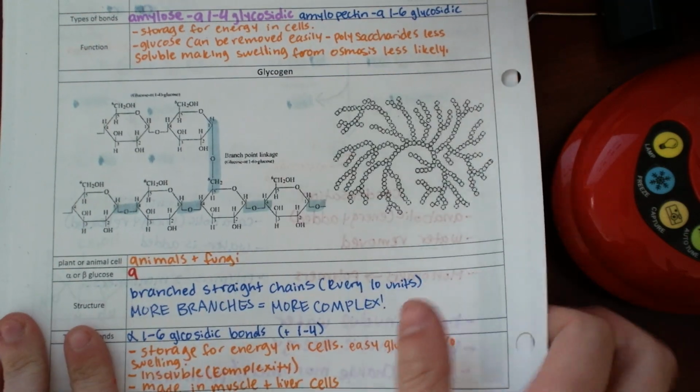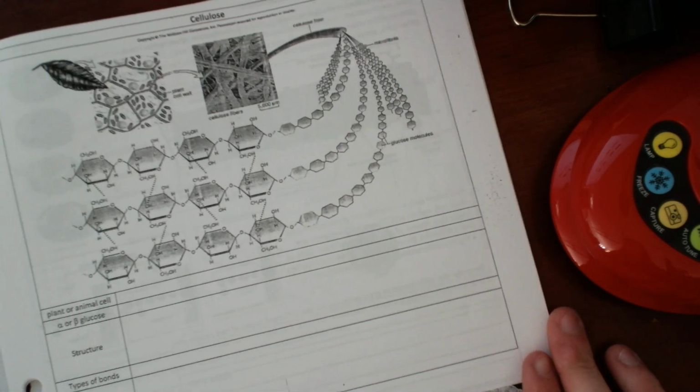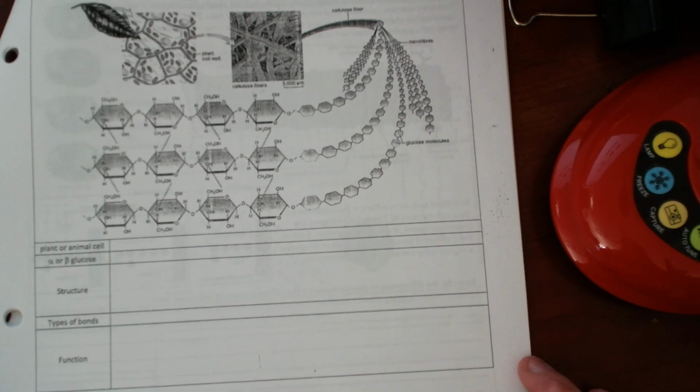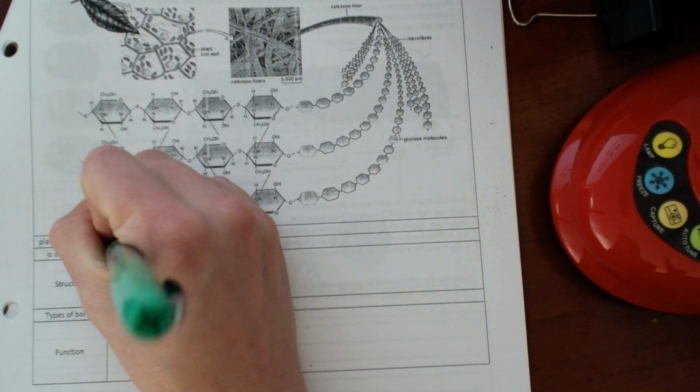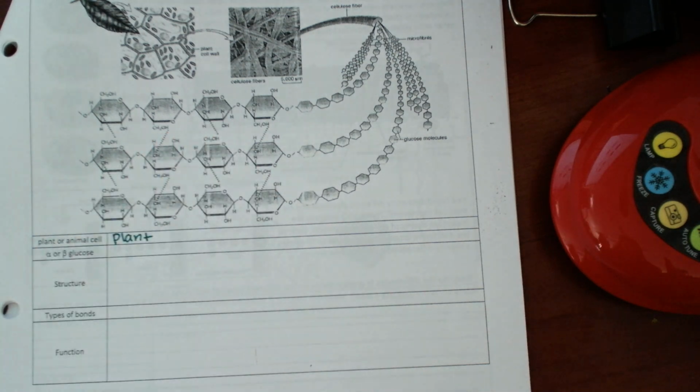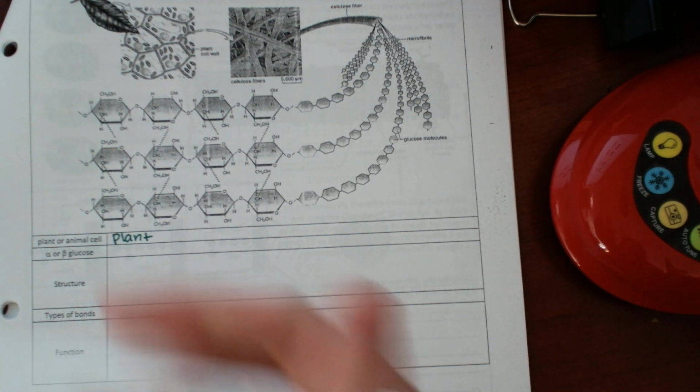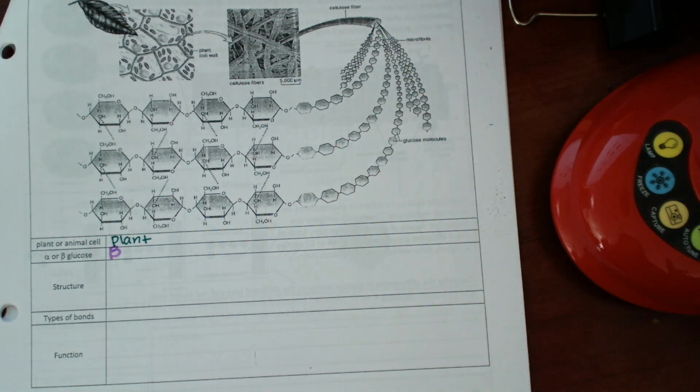And then our last mystic journey, flippy flip flip, is cellulose. This is probably the most special friend of the bunch. It's the most different friend. It is in plant cells. Its biggest difference comes from the fact that it uses beta glucose rather than alpha glucose, which is part of what gives it its different structure.